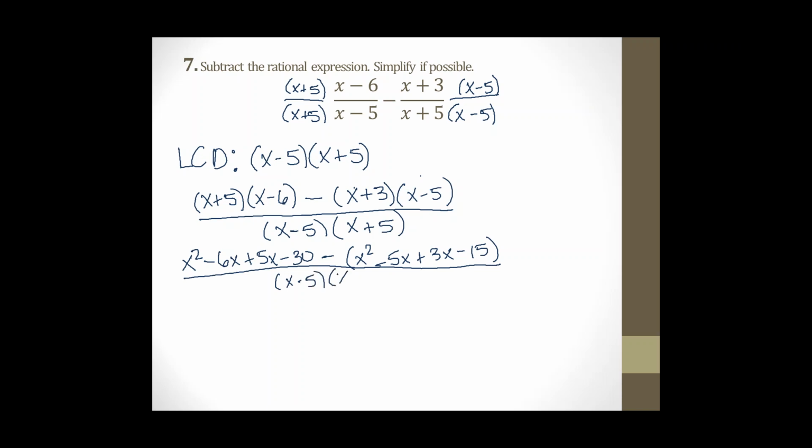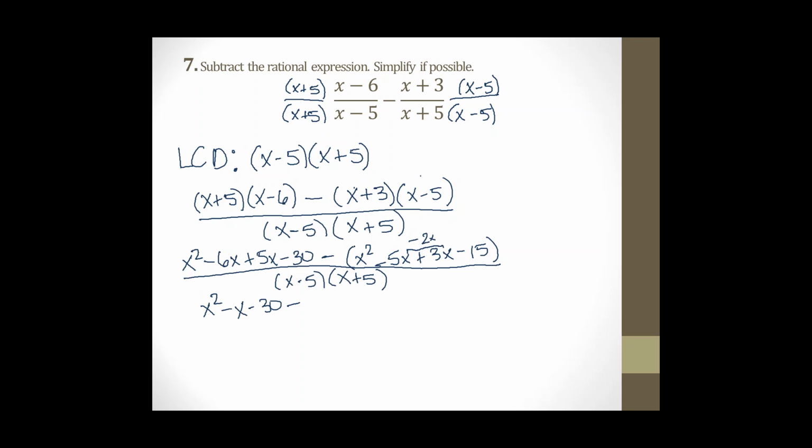And you can do a lot of these steps at one time, but I'm just writing it all out so you guys can know what we're doing. All right, so now I'm going to combine like terms here. So that's x squared minus x minus 30. And then I'm going to, up here, combine this. Negative 5x plus 3x is negative 2x.